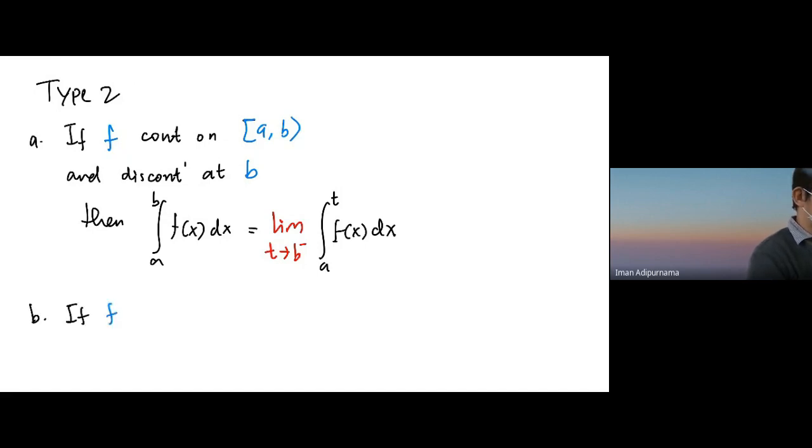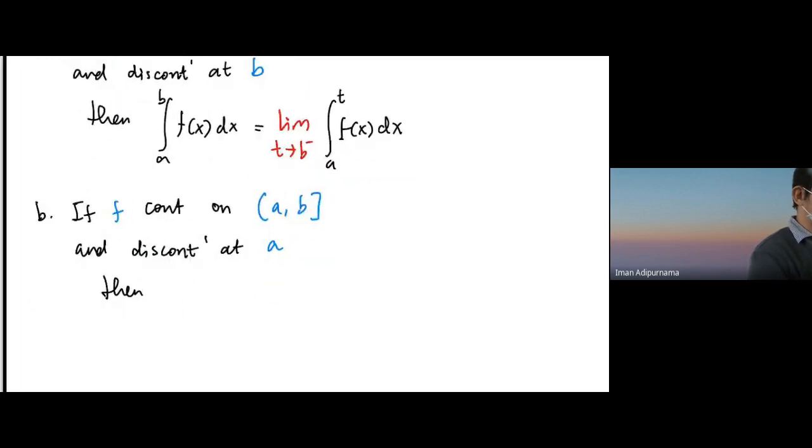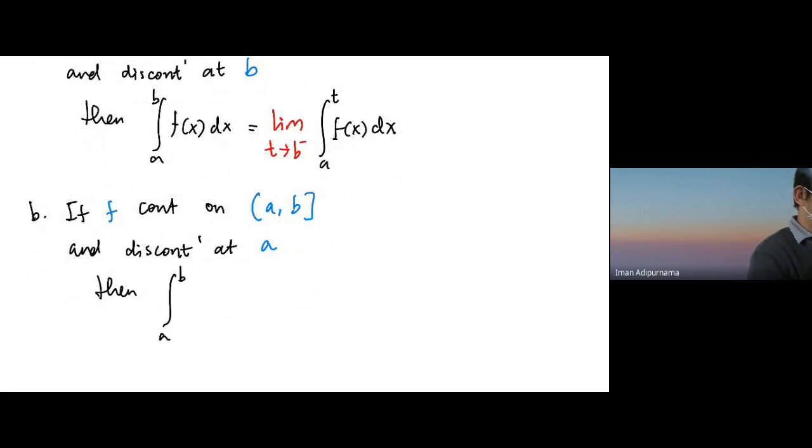And if our function is continuous on (a, b] and it is discontinuous at a, then we have the integral from a to b of f of x dx will be equal to the limit as t approaches a from the right of the integral from t to b of f of x dx.